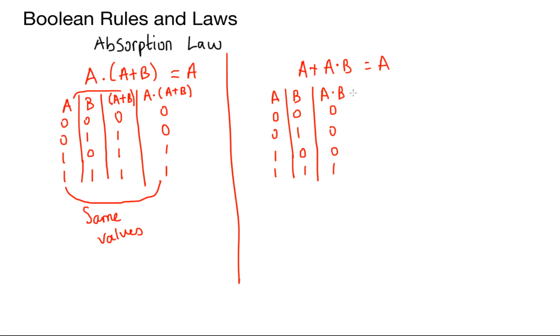So I AND A and B together, giving me 0, 0, 0, 1. Then all I need to do is OR the A column with A and B, and that gives me 0, 0, 1, and 1. And we can look again and see that, yep, both have the same values, and that means that A is the same as A or, A and B.